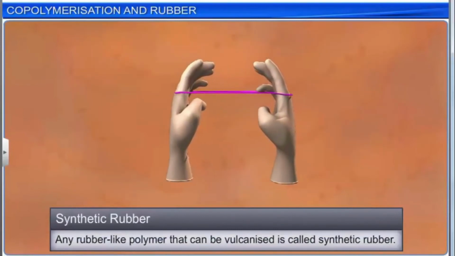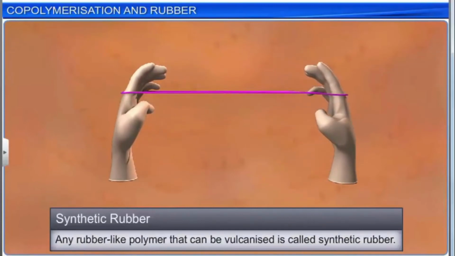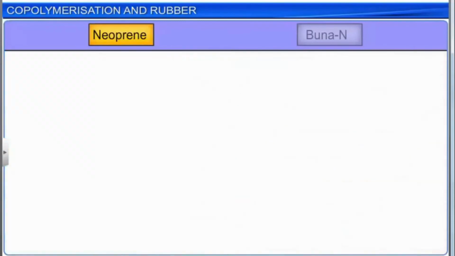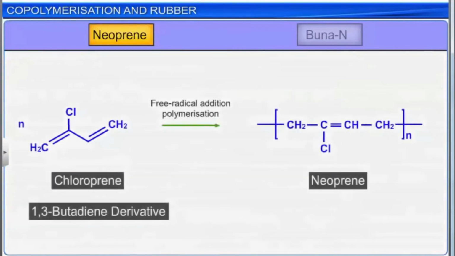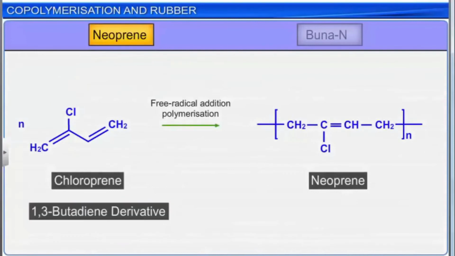It can be stretched and then must return to its original shape. Neoprene is an example of a synthetic rubber. This homopolymer is made from a monomer, a 1,3-butadiene derivative, chloroprene. Chloroprene undergoes free radical addition polymerization to form neoprene.